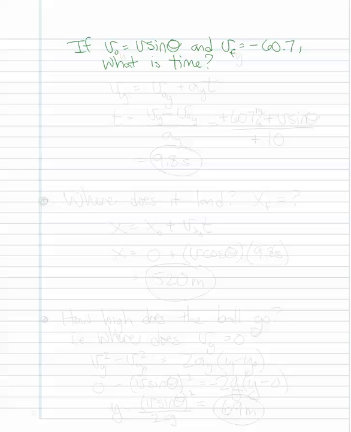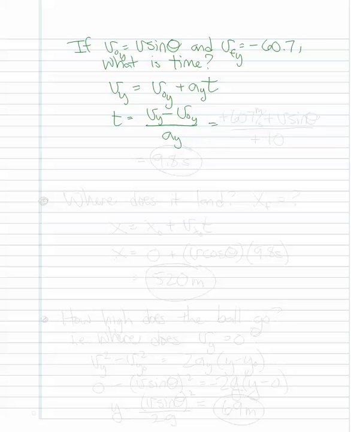We get that v final is equal to v initial plus, in the y direction, a_y times t. So I get that the time is equal to the final minus the initial, divided by the acceleration.